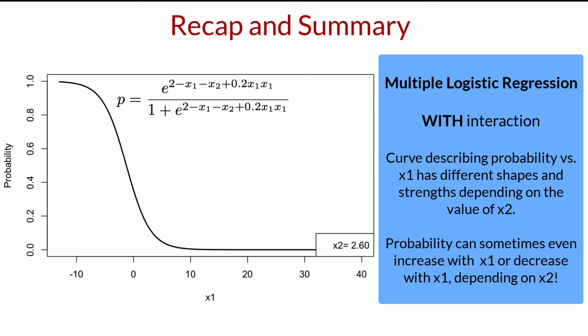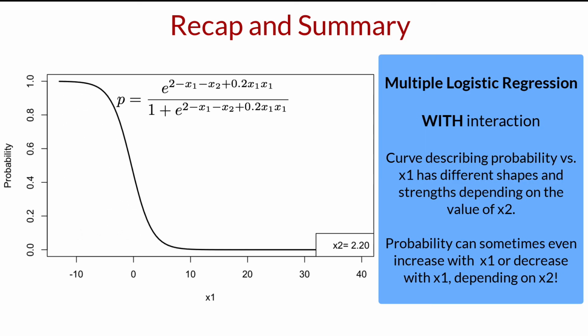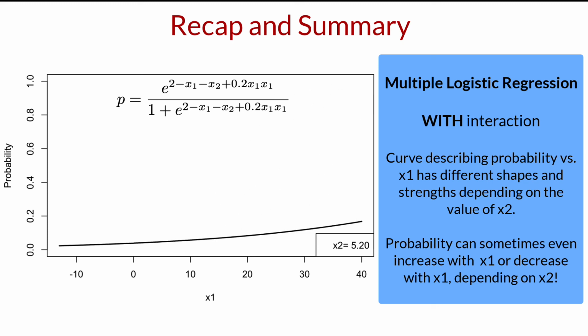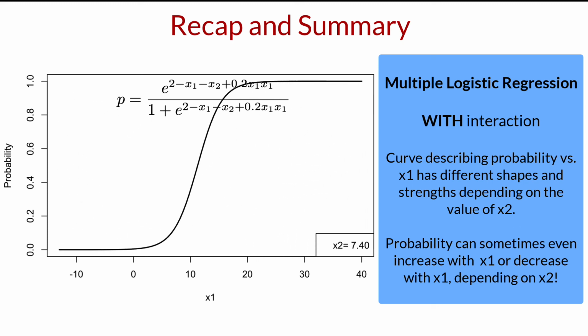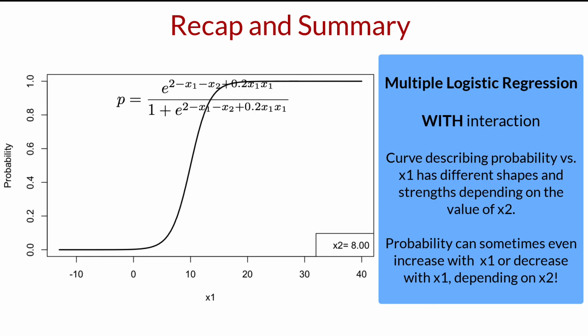Sometimes the curve increases quickly with x1. Sometimes the curve increases slowly. In fact, the whole direction of the curve can change too, from increasing with x1 to decreasing with x1. Just like in multiple linear regression, the interaction is a great way to add flexibility to the model and capture additional realism if the form of the relationships are supposed to be highly dependent on the characteristics of the individuals that we're studying.